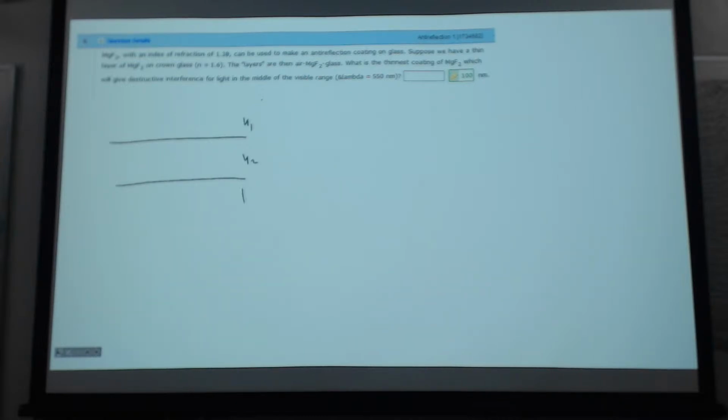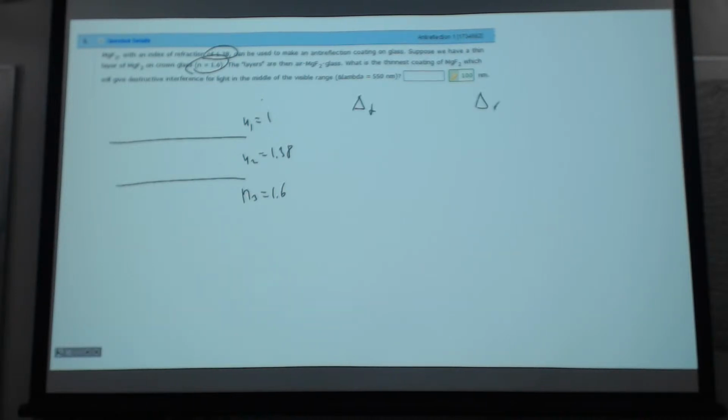Index number 1 is just 1 because it's air. Index number 2 was 1.38. And the next index was 1.6.